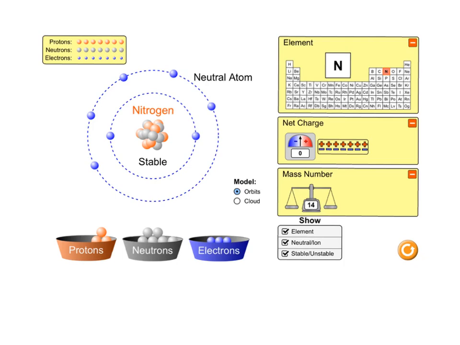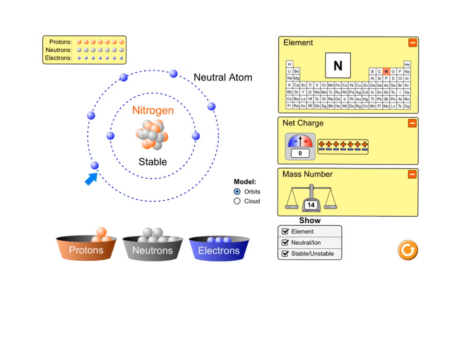Looking at nitrogen, nitrogen's got 1, 2, 3, 4, 5, 6, 7 protons, and an atom has 7 electrons. Now we see, and this is really very important, we have 1, 2, 3, 4, 5 electrons in the outer energy level, the valence shell. That's why it sits in group 5. Now something very interesting happens. In order to fill the outer energy level, you only need 3 electrons.